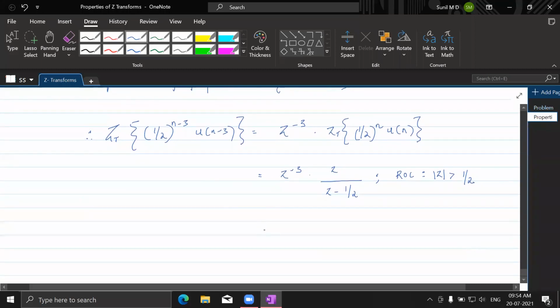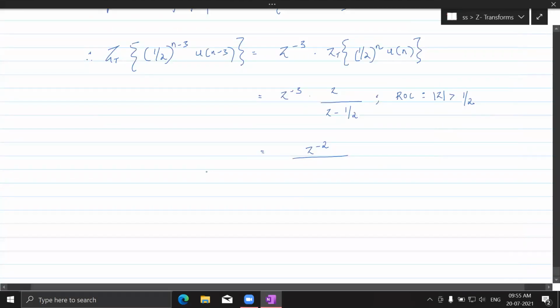Understand that? Now this would be z to the power minus 2 divided by z minus half. The ROC would remain the same, z greater than half. Is it okay with you?